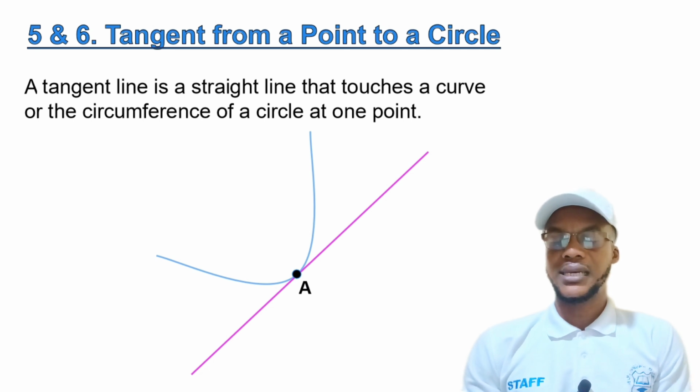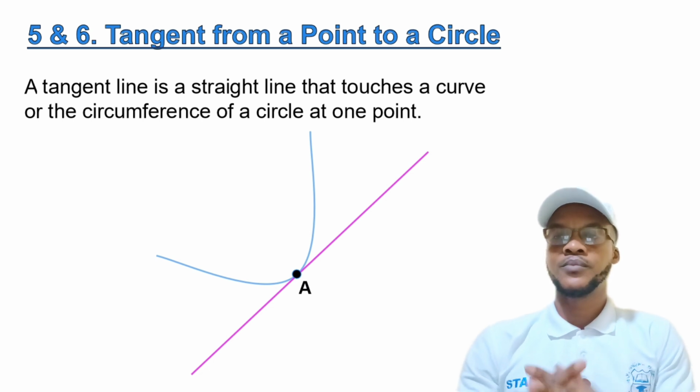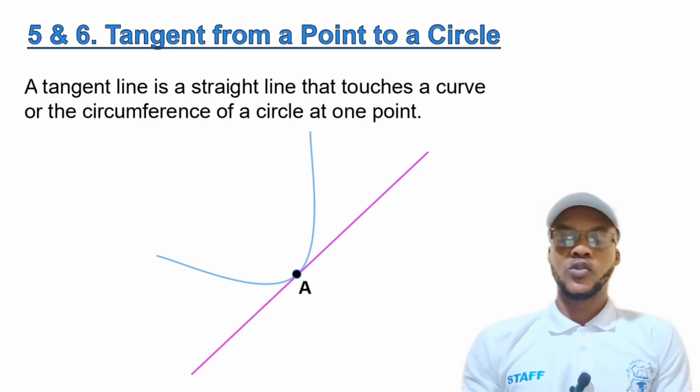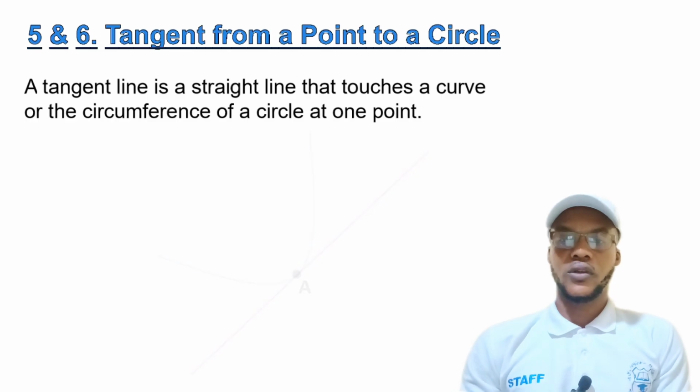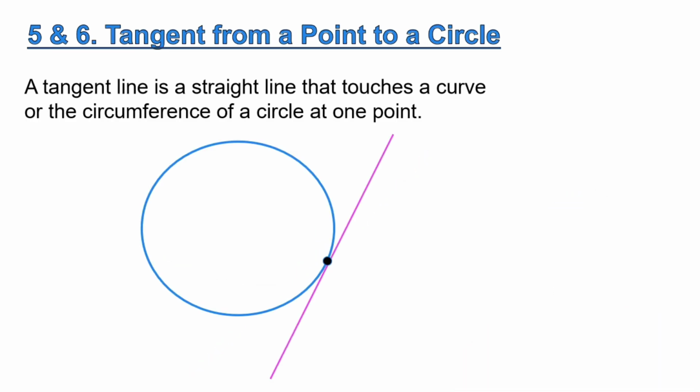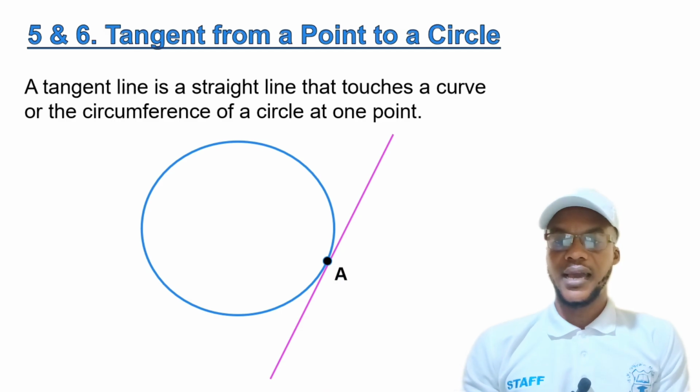Let's take this circle as well. We can also get a tangent line at this point A.